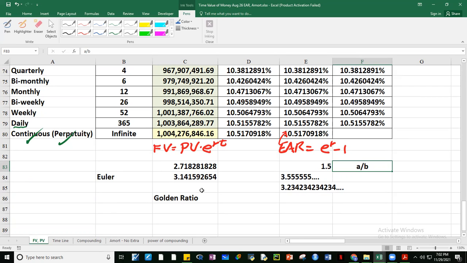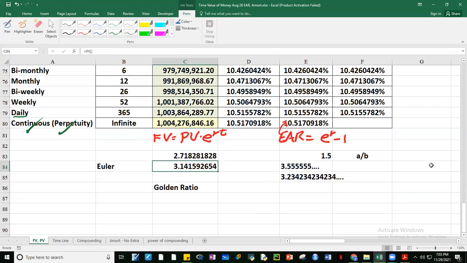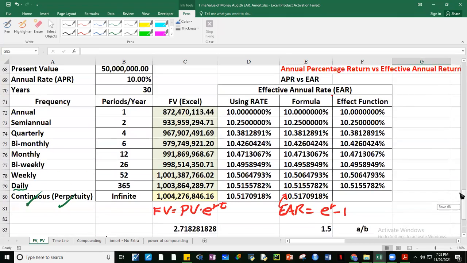Magsa-stack up na yung bond paper papuntang buwan, pabalik, papunta ulit, pabalik, infinitely, hindi matatapos yung value ng E. It's non-repeating, non-terminating, walang katapusan yan. Parang si pi. Okay? All right.